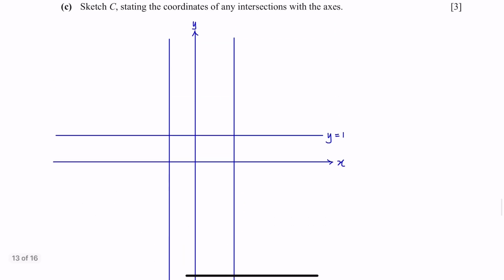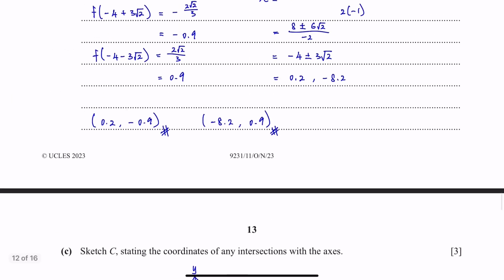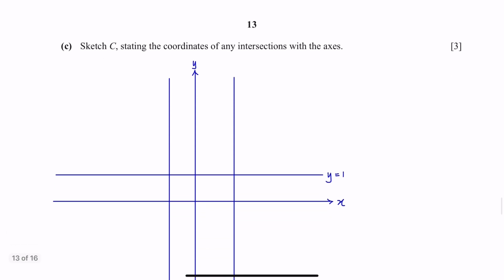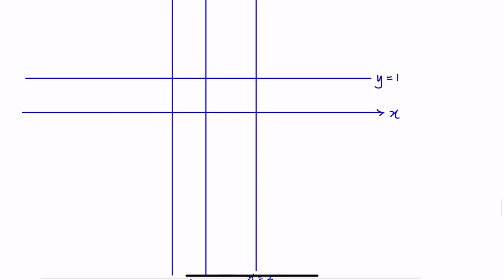Second step, we need to find the stationary points, which we also found in part B. So we have two stationary points. One is at 0.2 and negative 0.9, around here.